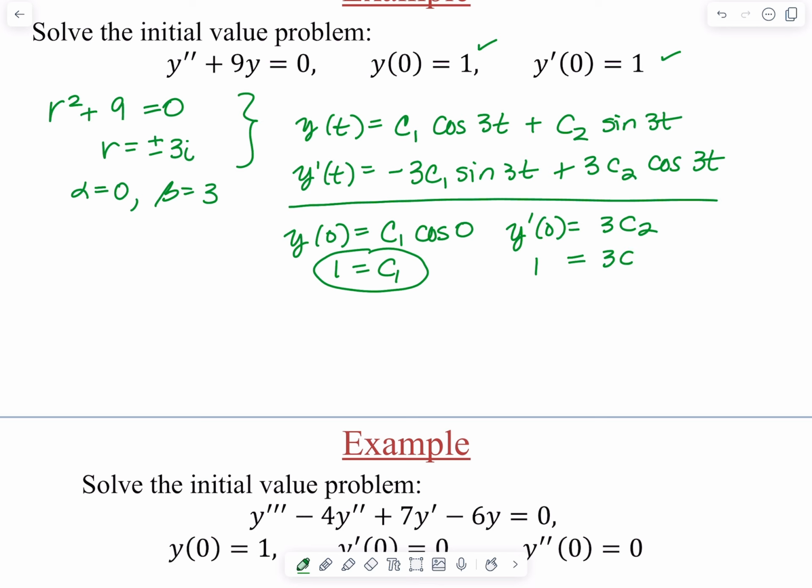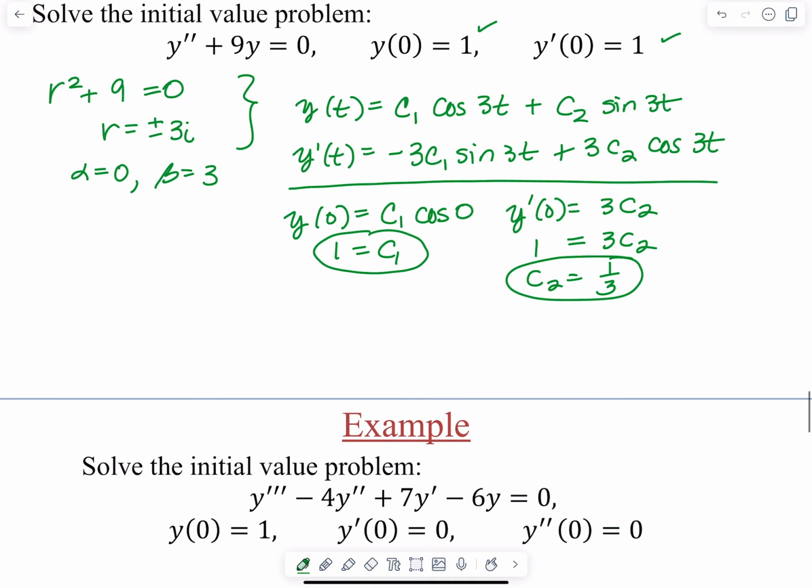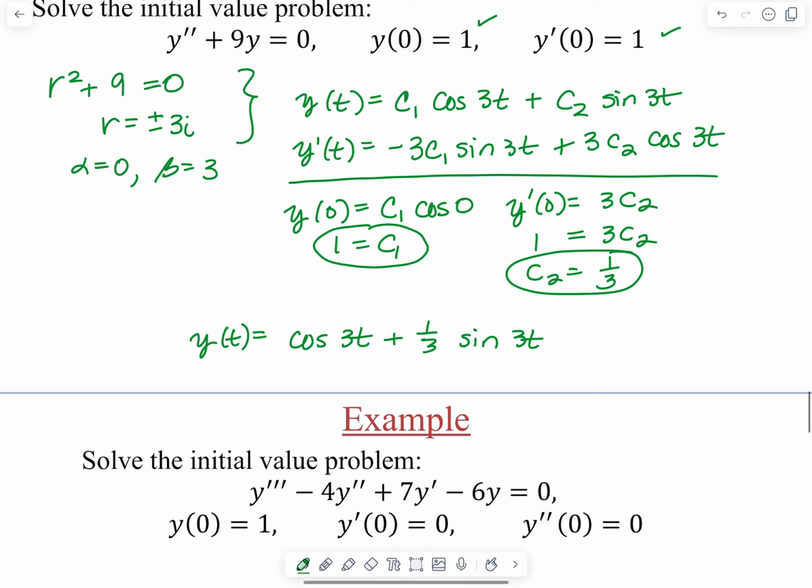So c2 is equal to 1/3. So we can come up with our y of t. Our solution is the cosine of 3t plus 1/3 multiplied by the sine of 3t.